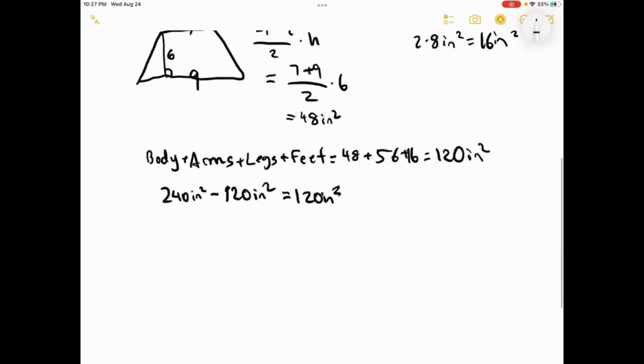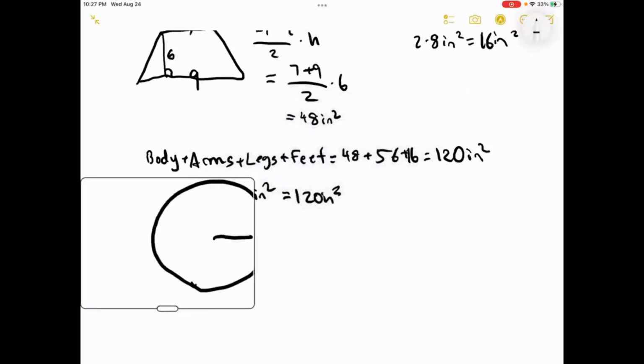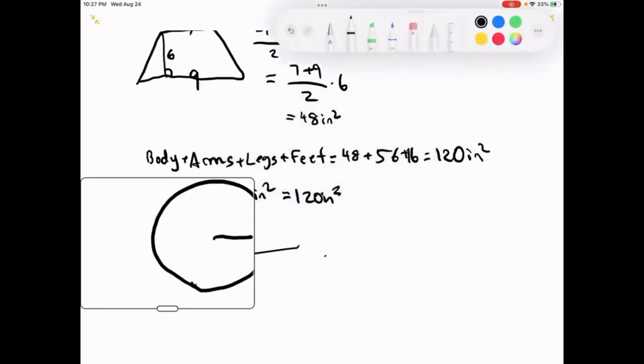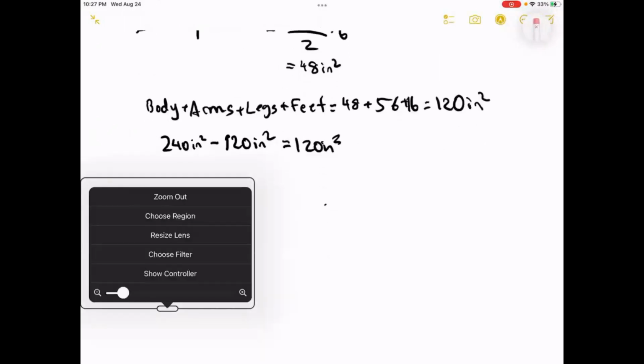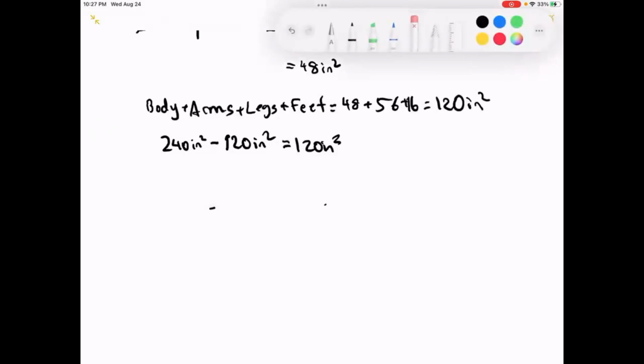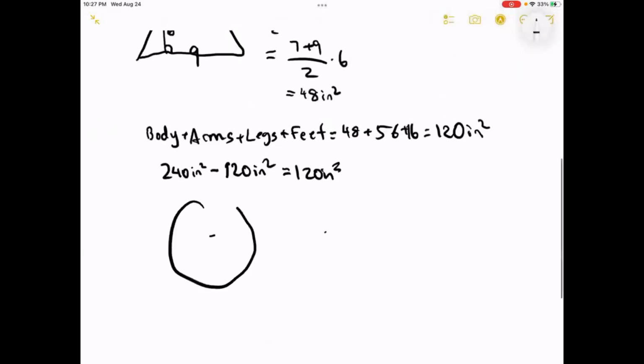Okay, so the head's a circle. Continuing, if the radius of the head is r, then the area of the circle is pi r squared, and this is equal to 120.